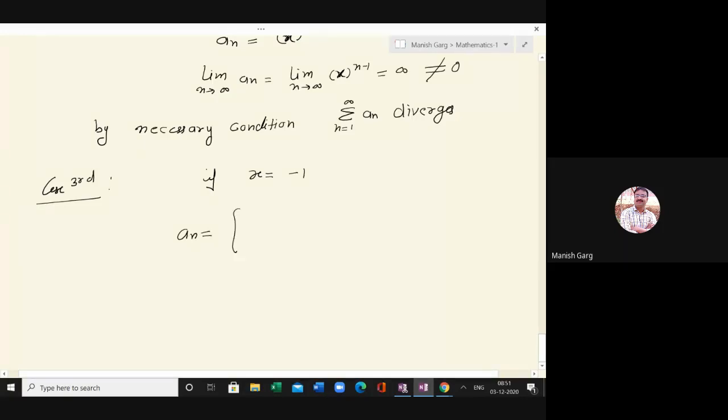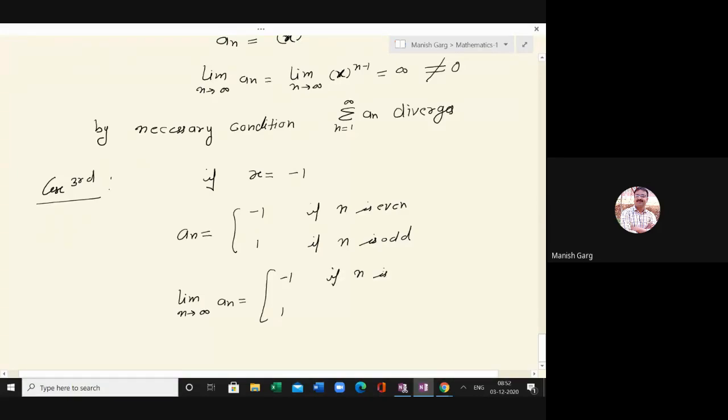If x is equal to 1, so what will be -1 and 1? -1 will come if n is even, because x to the power n minus 1. If n is odd, and you take the limit as n tends to infinity of an, this is coming -1, 1.